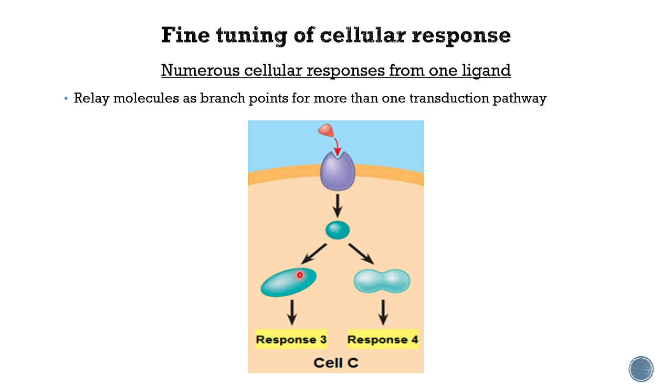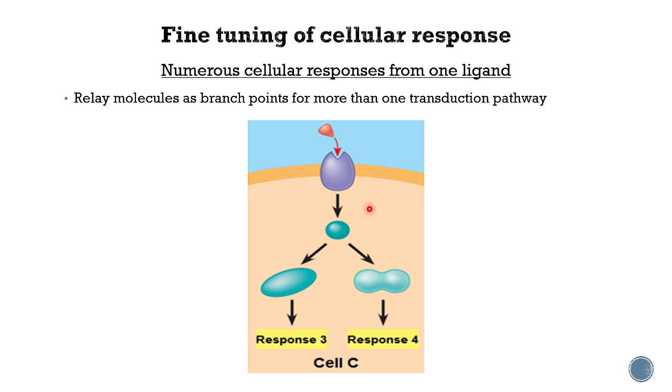But what we are saying here is, the first kinase may be able to activate two different kinases. Let's say the first kinase can activate kinase 2 and kinase 3. Then kinase 2 can activate another kinase for another pathway, and kinase 3 can activate a totally different kinase for a different pathway.